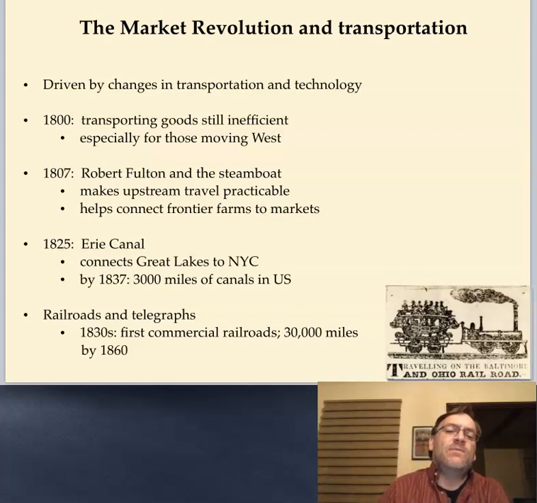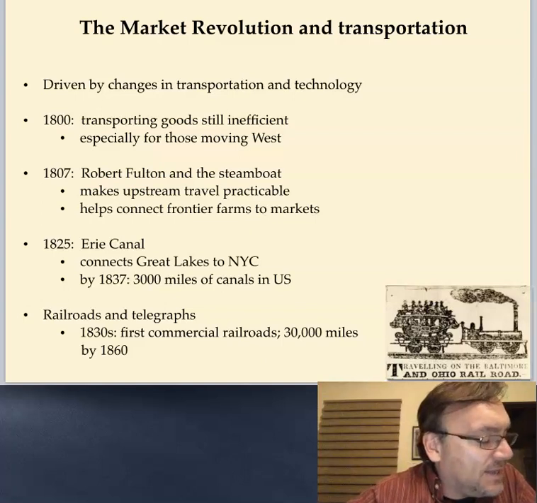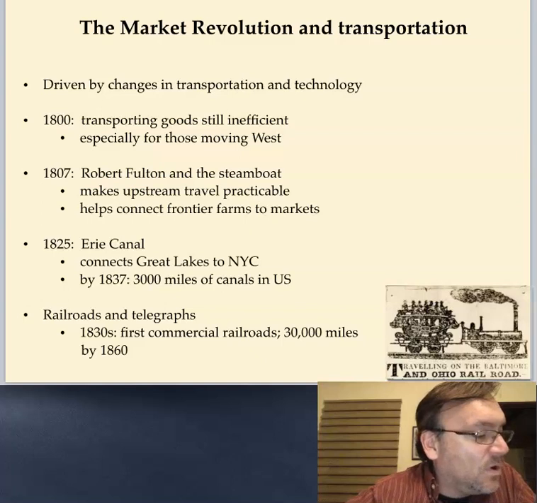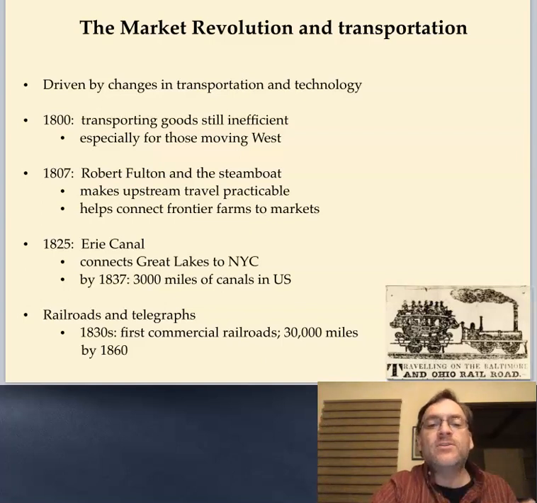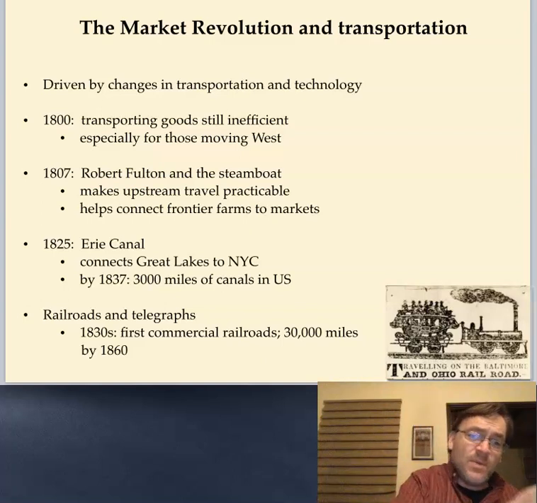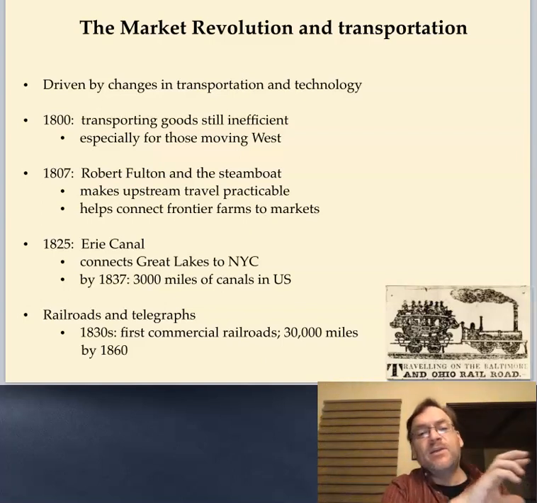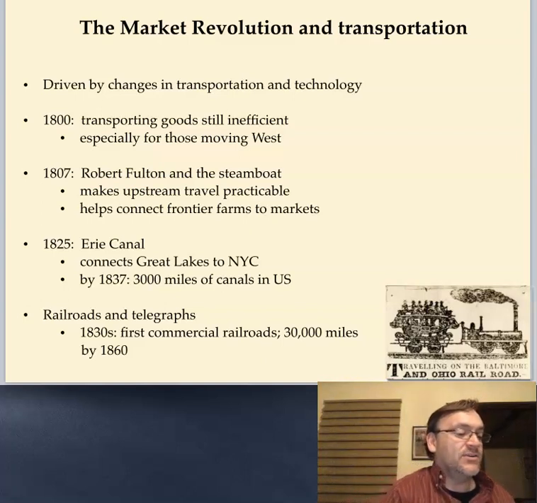By 1860, you have 30,000 miles of railroad tracks built in the United States on the eve of the Civil War, which again makes getting products that can be sold easier. It just connects the Midwestern, the interior part of the country, more easily to the east. So products can go to the Midwest, but also, more importantly, they can get their agricultural products out onto markets, both domestic and international markets.